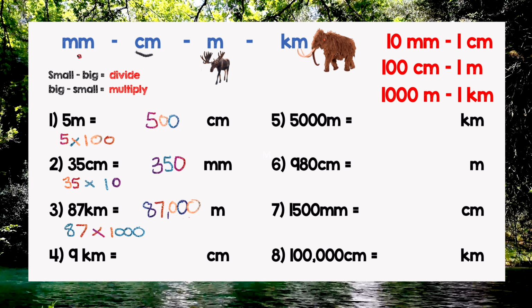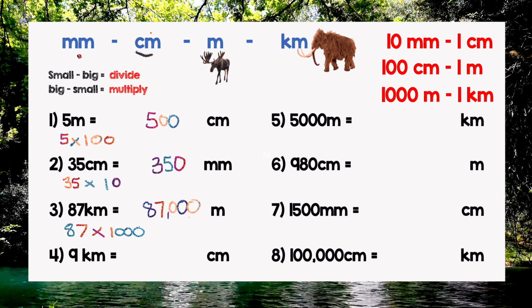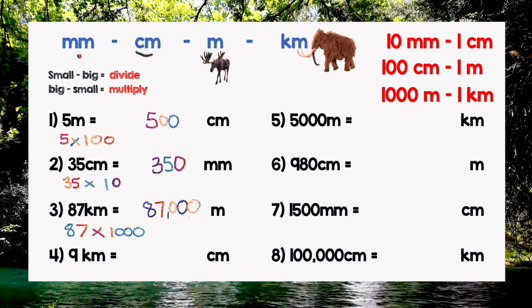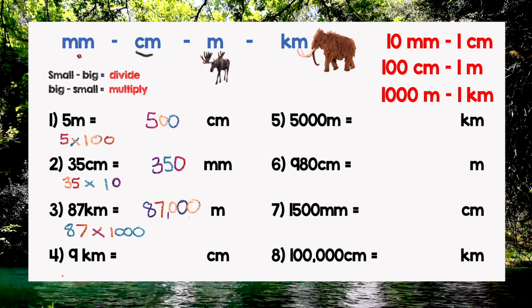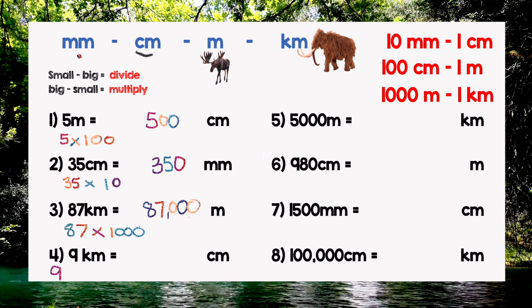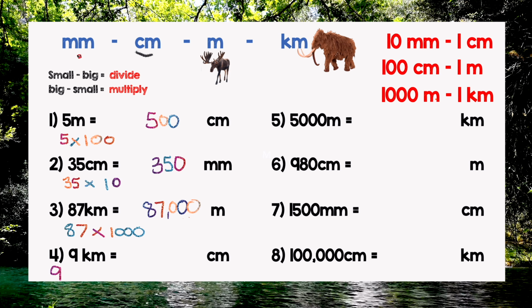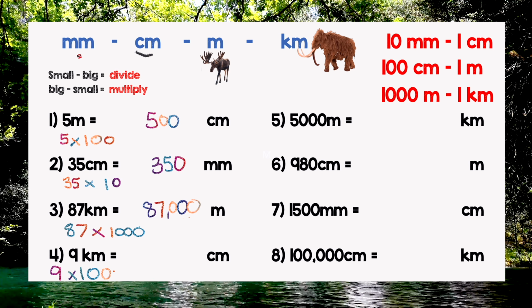In question number 4, 9 kilometers to centimeters. So we have kilometers to meters first, and then to centimeters. Going from larger to smaller, so large to small, we multiply. We have 9 kilometers, and there are 1,000 meters in a kilometer, so we'll times that by 1,000 to get to meters.